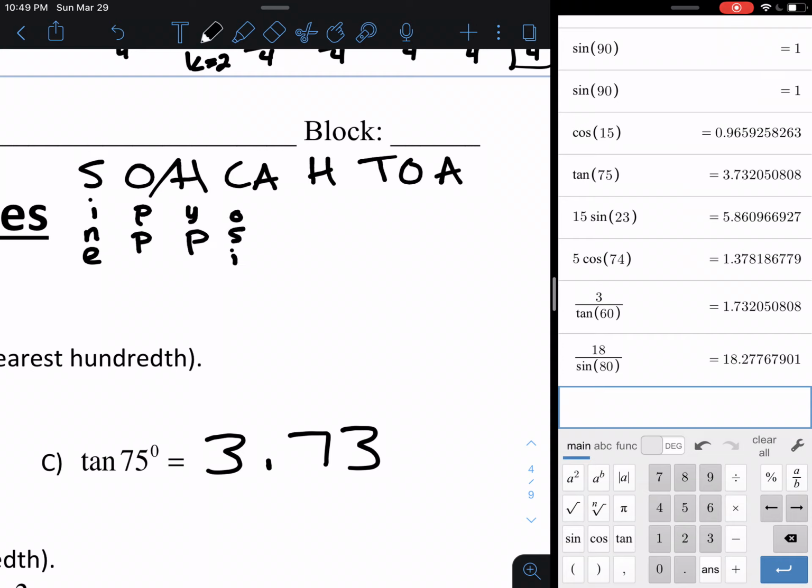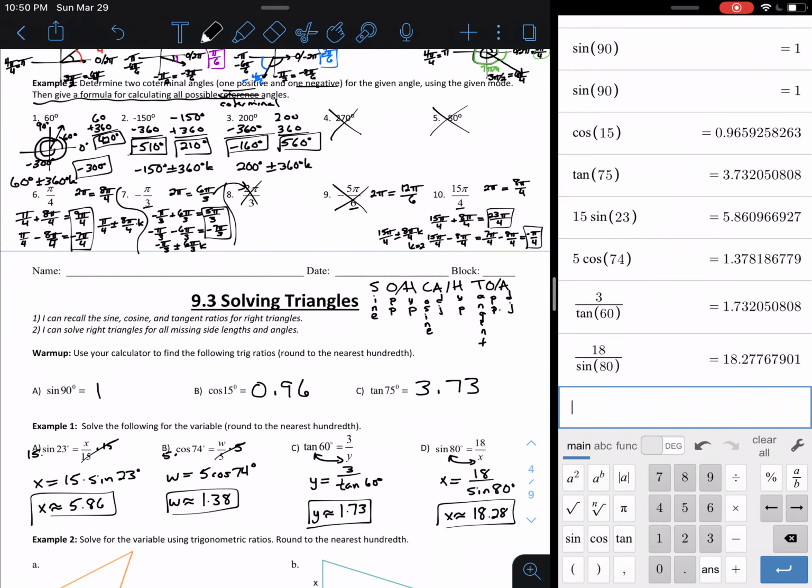Next up, for cosine, you take your adjacent side divided by your hypotenuse. And then lastly, for tangent, you take your opposite side divided by your adjacent side. Okay, so knowing that is going to be very important in these next couple of examples.